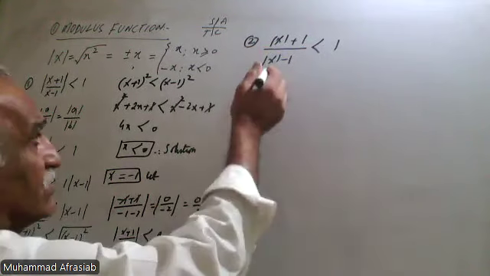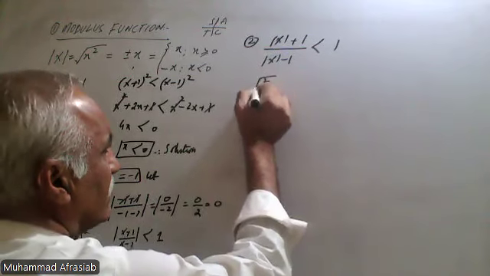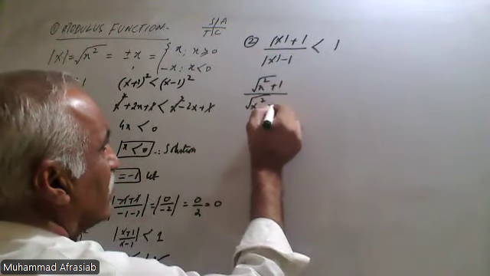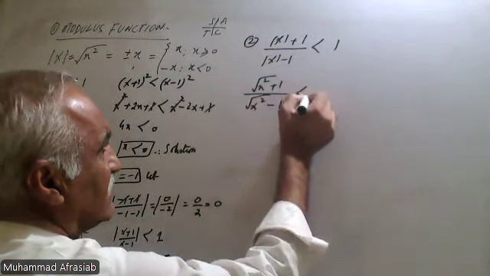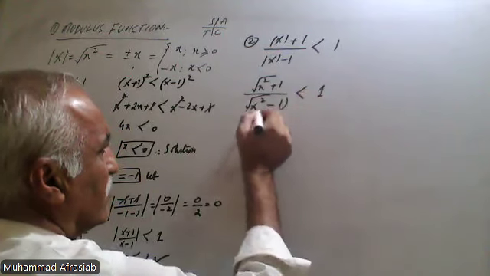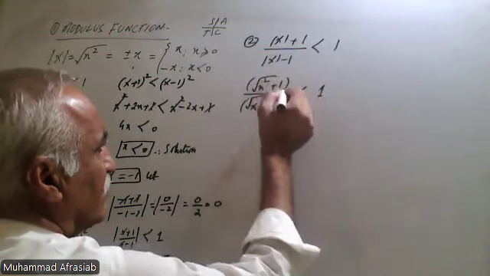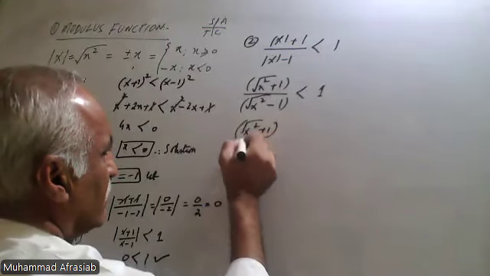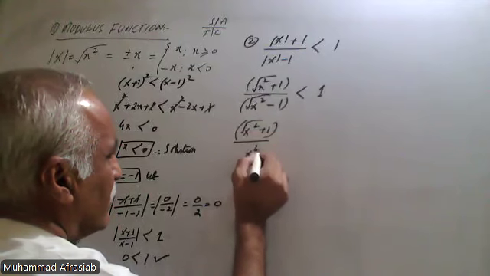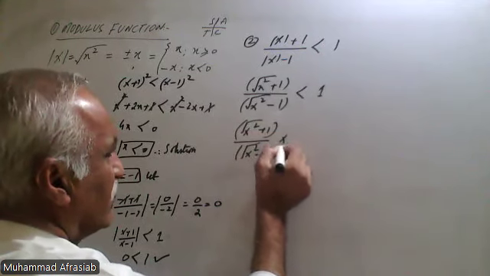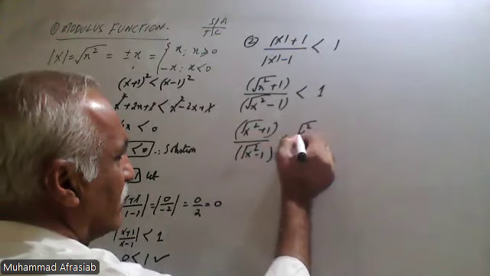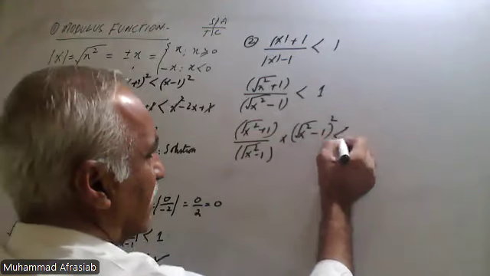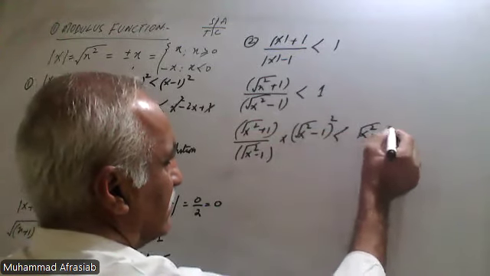So this will become (|x| plus 1) over (|x| minus 1) is less than 1. Now by taking the square of the denominator on both sides, we multiply by (|x| minus 1) whole square on this side and also on this side.